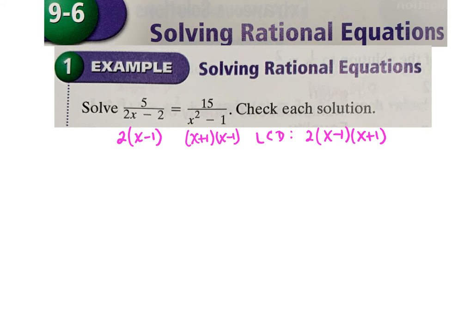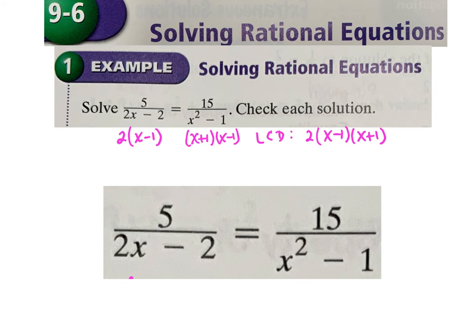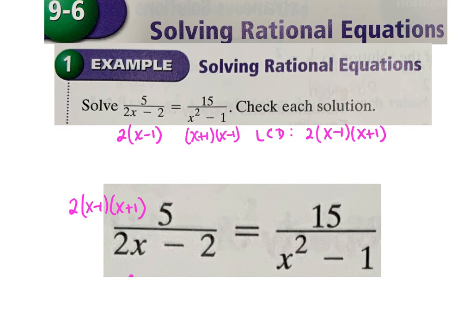Finding the common denominator is not all that difficult. So then I'm going to take this particular thing right here and multiply it by my common denominator, so 2(x minus 1)(x plus 1) and 2(x minus 1)(x plus 1).